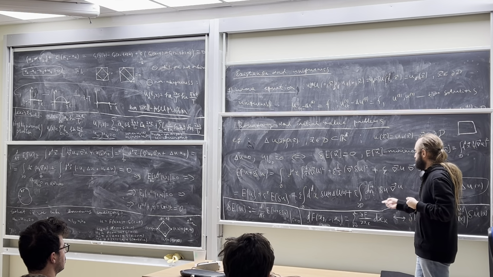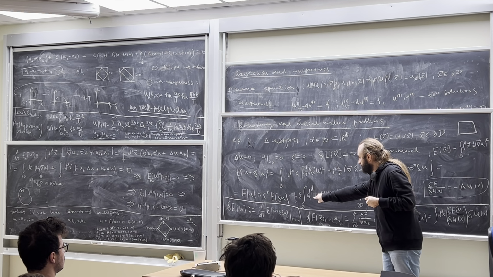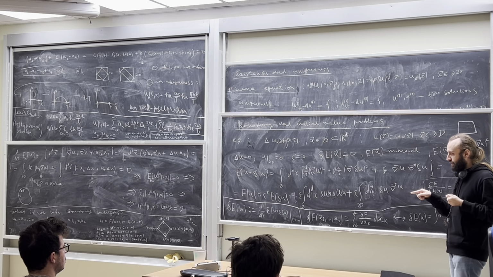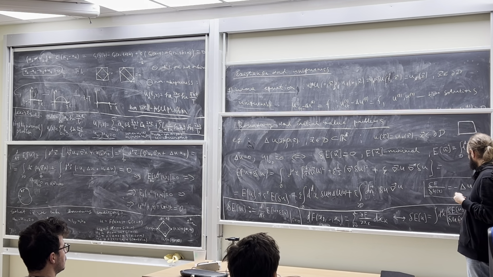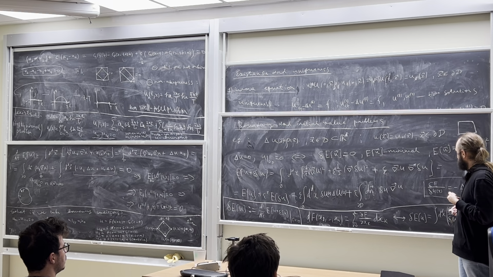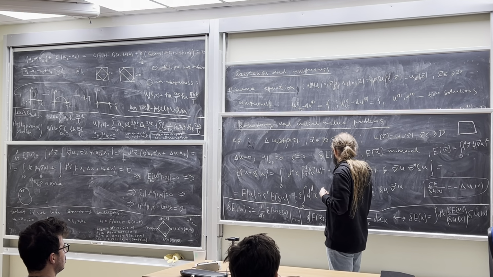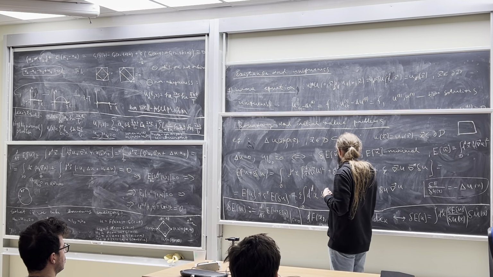So it has precisely this form: the integral over the whole space of delta u of x times something. And the definition of this variational derivative by u at point x is precisely this: the coefficient that stands in front of delta u of x.